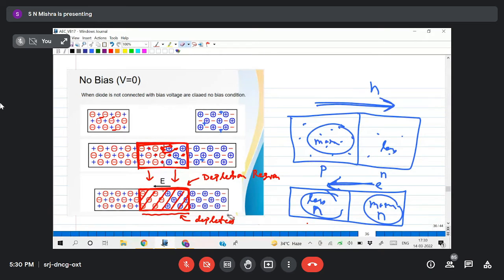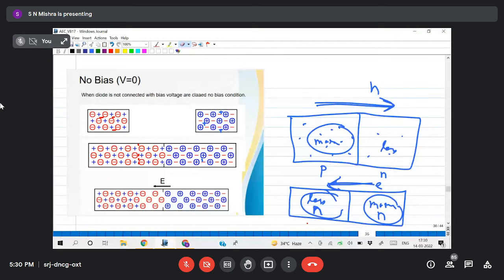Now, once we know this concept, let us go more into that. Now you observe this area: only negative ions are there, so the net charge is negative in this region.